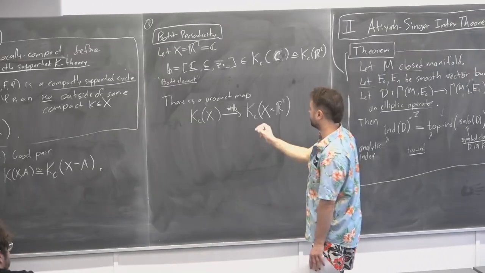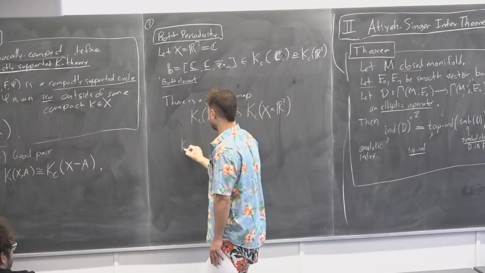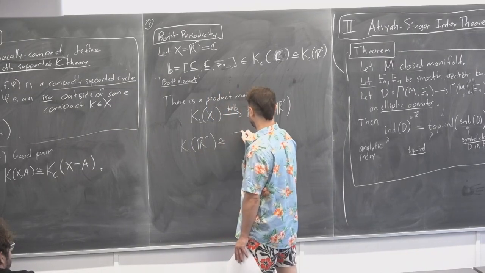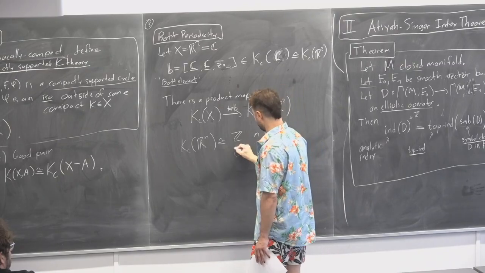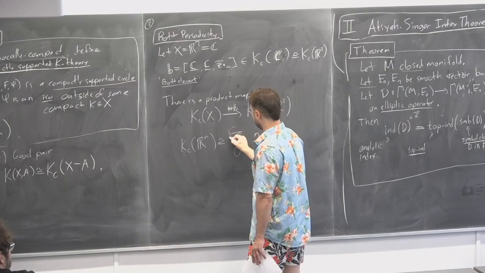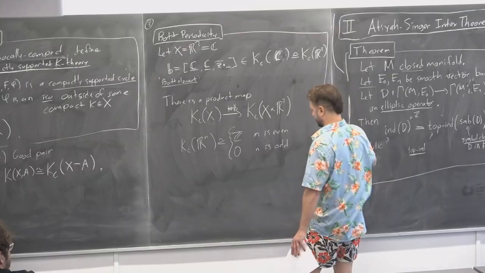So in particular, if you plug in X as some Euclidean space, this is telling us that the compactly supported K-theory of R^N is Z if N is even, and 0 if N is odd. So this is yet another incarnation of Bott periodicity for compactly supported K-theory.